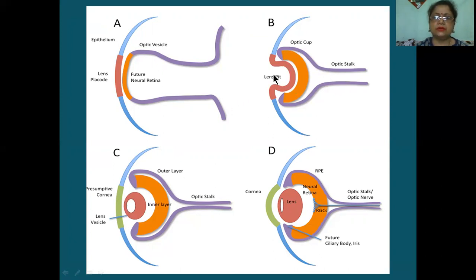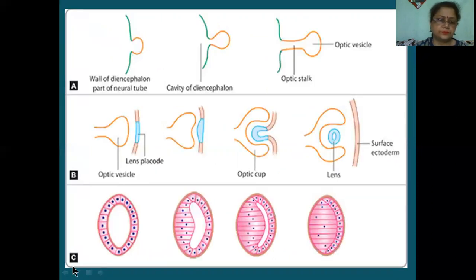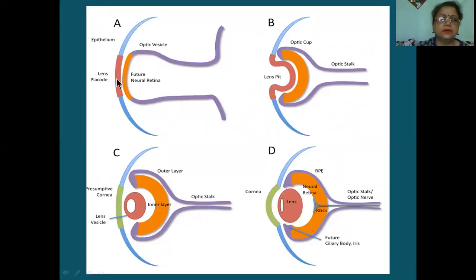Slowly, this lens pit has become so closed up that it got disconnected from the surface epithelium, and that gives the lens vesicle. That means this lens vesicle is nothing but the original lens placode which has become the lens pit. This detached area will develop into the cornea, the presumptive cornea.